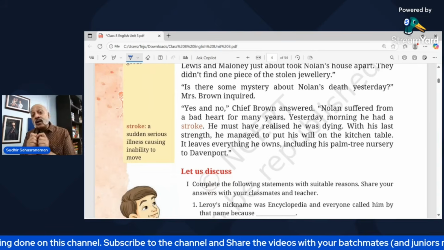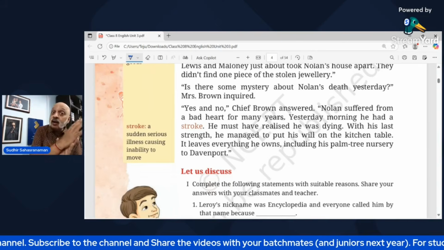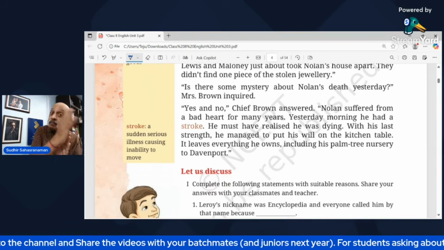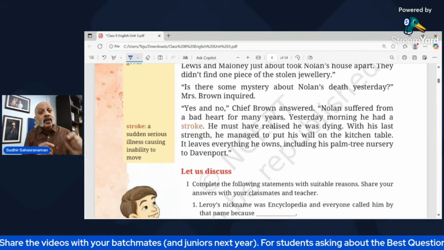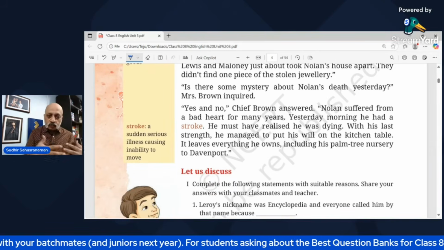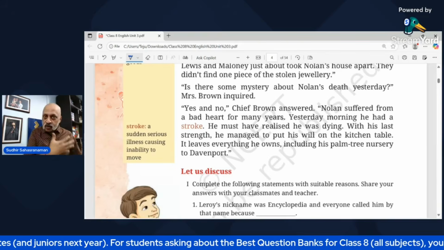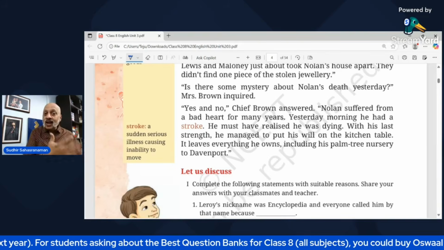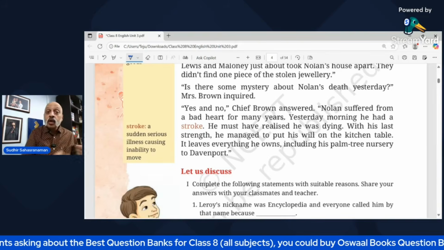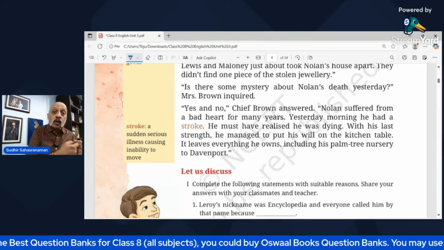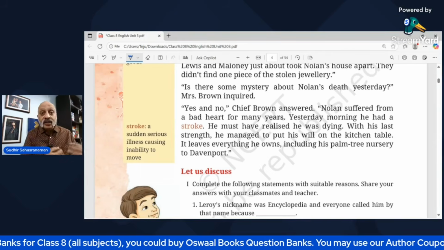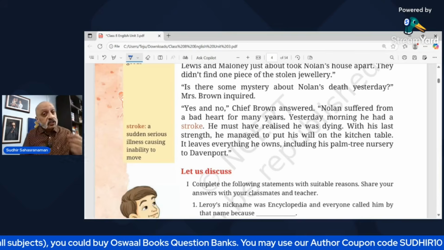Nolan suffered from a bad heart for many years. So he did have a medical problem, a heart ailment. Yesterday morning, he had a stroke. He suffered a heart stroke, which means that your heart struggles to beat. Your blood vessels, which pump blood to the heart, are not working efficiently, as a result of which the heart suffers a stroke.